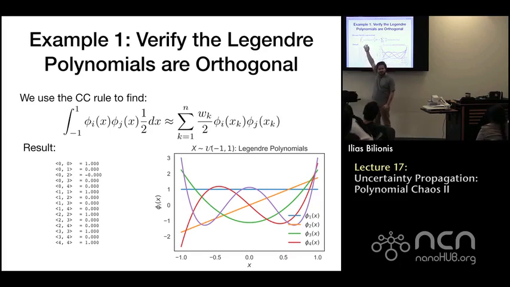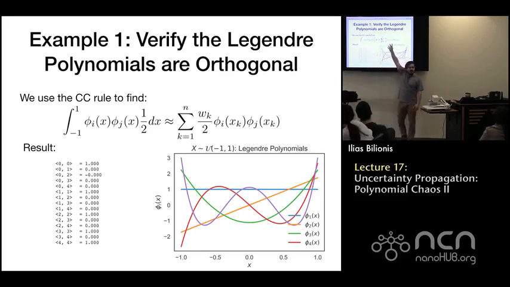Do you get 0 if i is different than j and 1 if i is equal to j? This is the inner product that I want to calculate. It's just an integral, so I can use the Clenshaw-Curtis rule to evaluate it. This is what the Clenshaw-Curtis rule tells me.